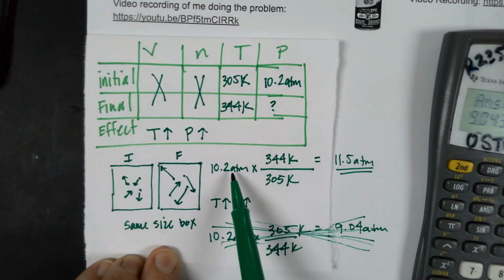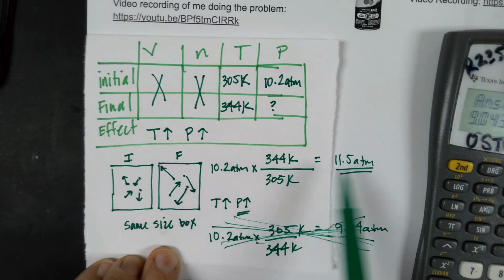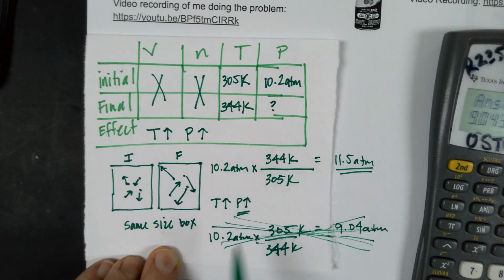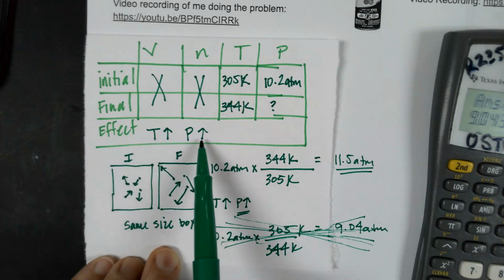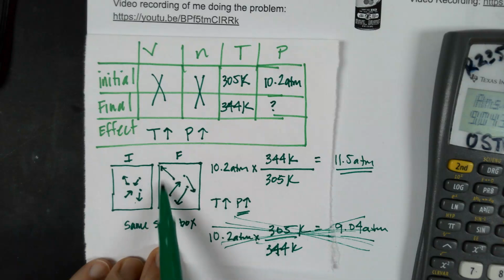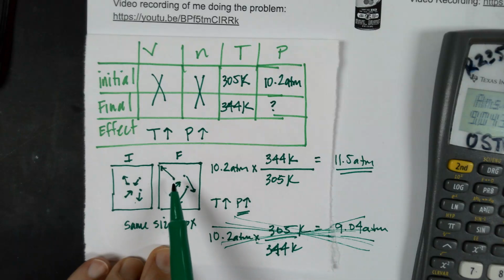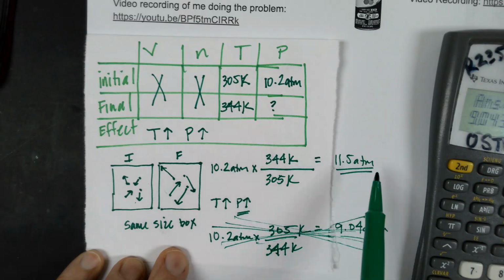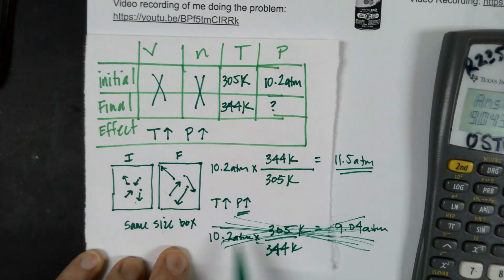So if you want this number to get bigger in the answer, the bigger number has to go on top. If you want this answer to get smaller, the smaller number goes on top. But in this case, because if temperature goes up, pressure goes up, we see that here, as temperature goes up, pressure goes up, these are hitting the sides of the wall harder, more often, then this one has to be true. Pressure is going up. This one cannot be true.